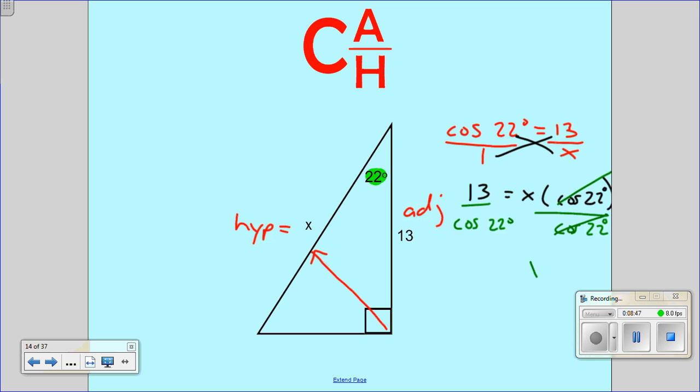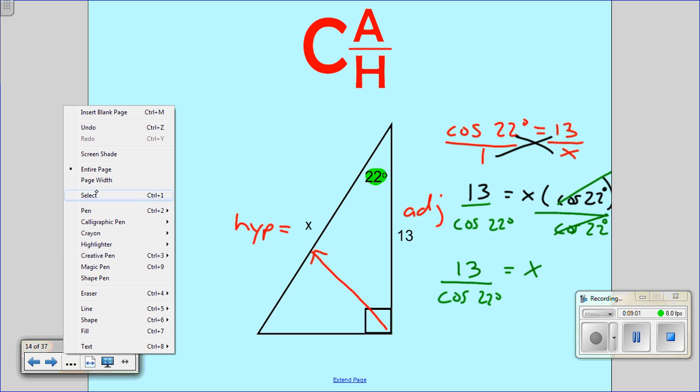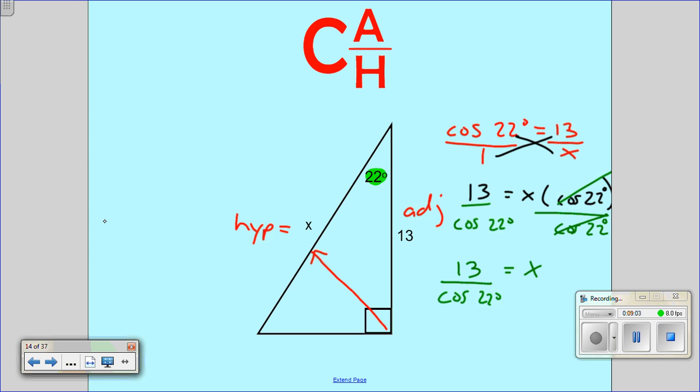That way it'll be x all alone, but on the left, I now have 13 divided by cosine 22. So again, you can do it in 2 steps or 1. It depends on you and what resources you have. But I'm going to do it in 1 step.